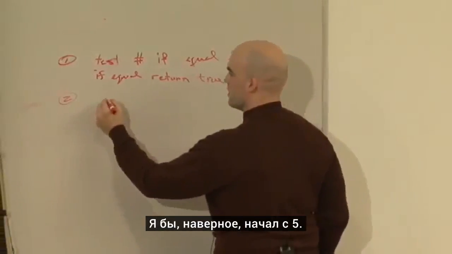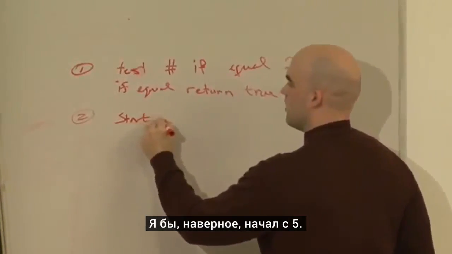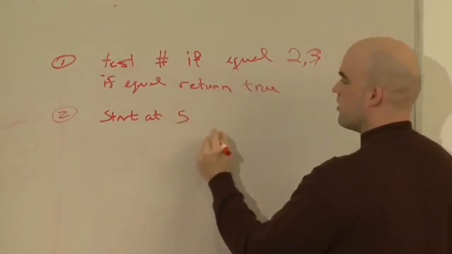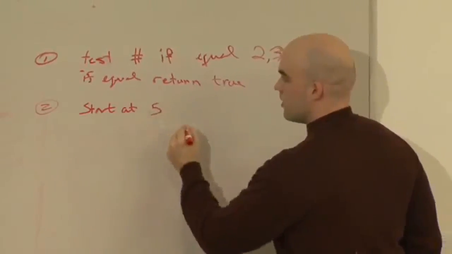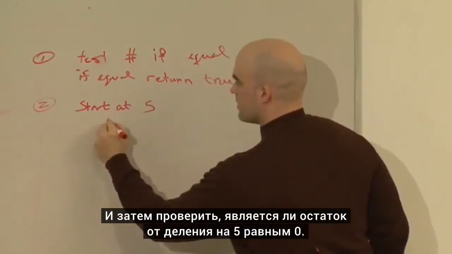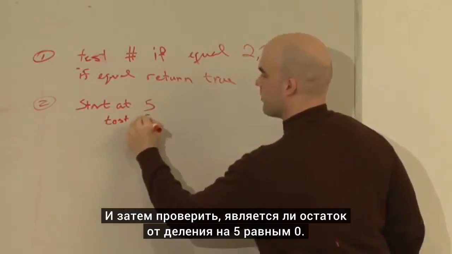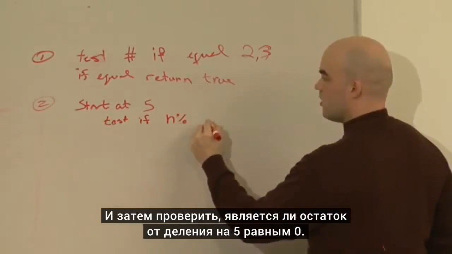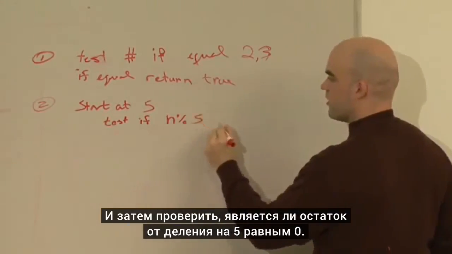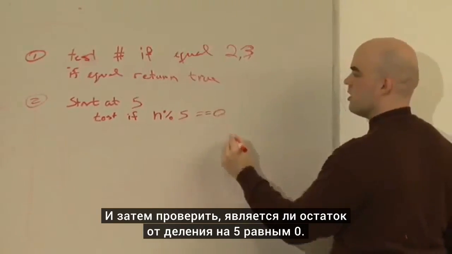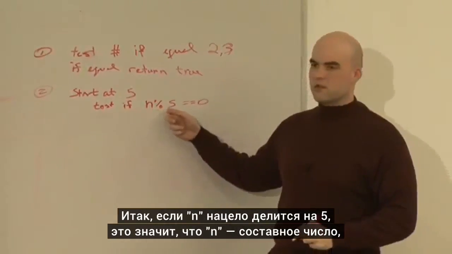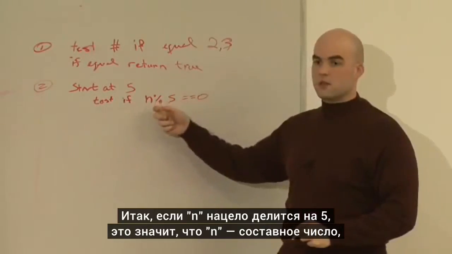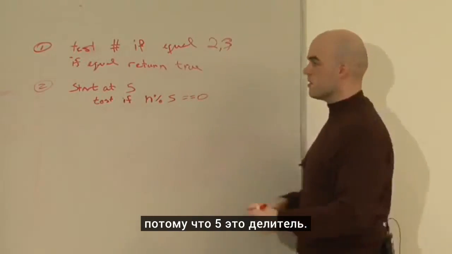Well, I'd probably start at, let's say, 5, and then test if n modulo 5 is equal to 0. Now, if n is evenly divisible by 5, then that must mean that n is composite, right? Because 5 is a factor.